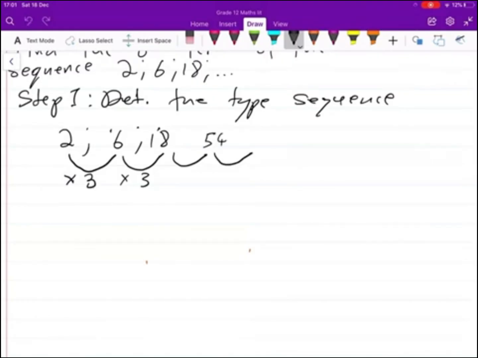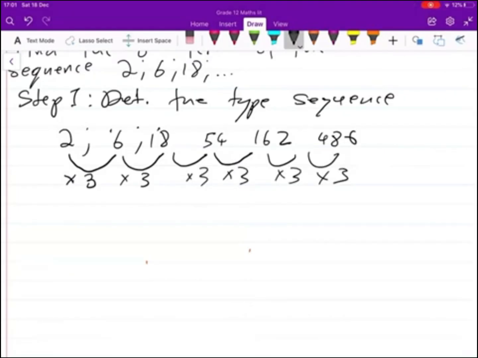Then we take that same 54 and say 54 times 3, and we get 162, and then 162 times 3 is 486. So if you didn't know how to use the geometric sequence, you just establish how the pattern is evolving, and you'd find that your sixth term is 486.